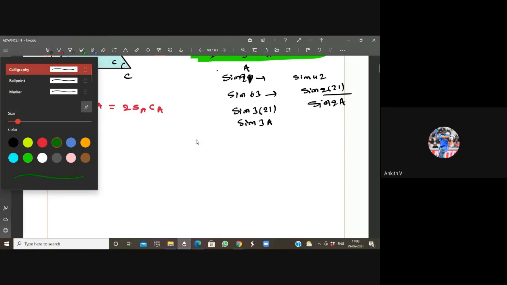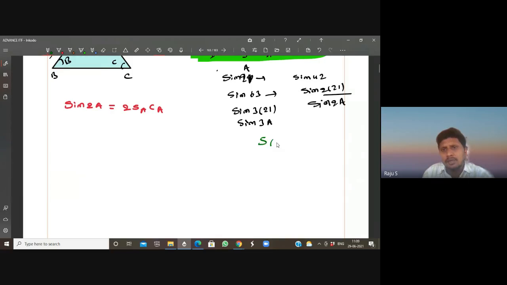Sine A plus B. Use sine A plus B, like sine A cos B plus cos A sine B. Now you can take B also equal to A, and A plus A becomes 2A. Right side is sine A cos A plus cos A sine A, nothing but 2 sine A cos A.